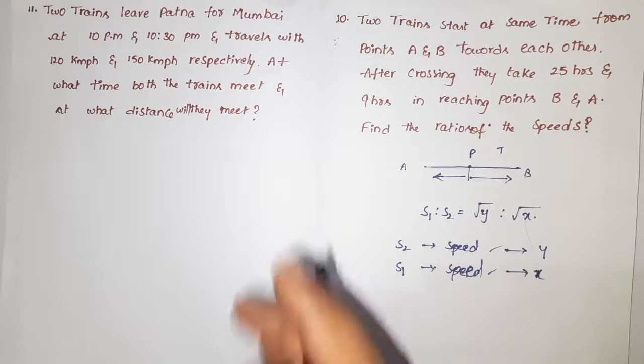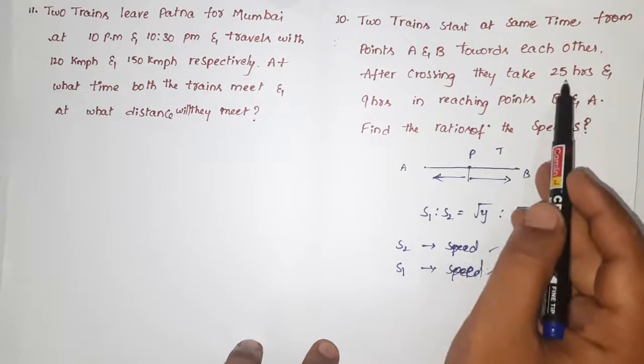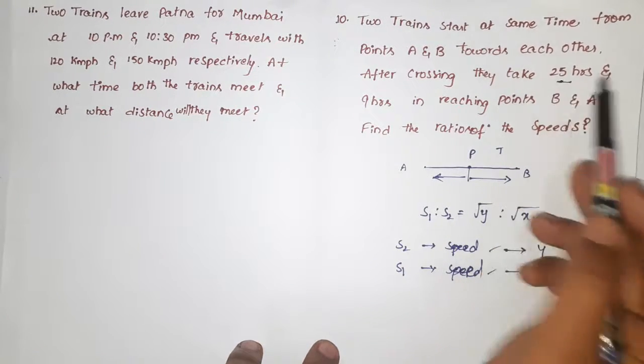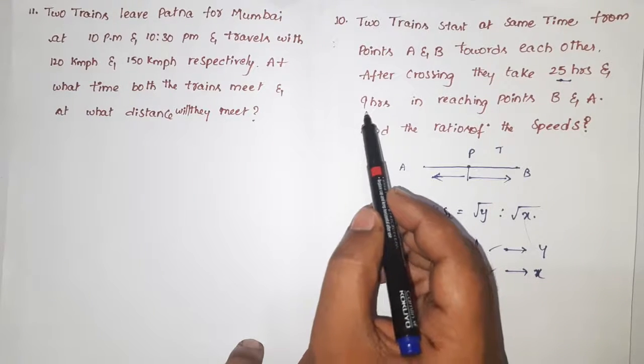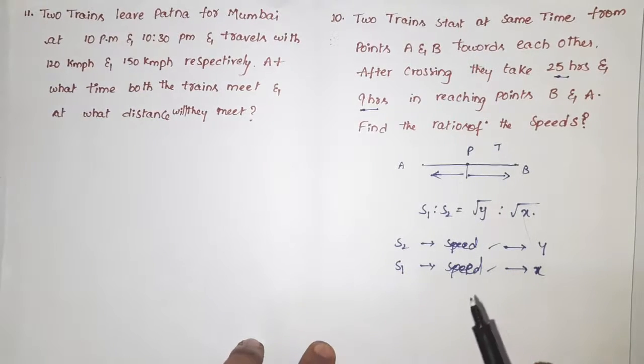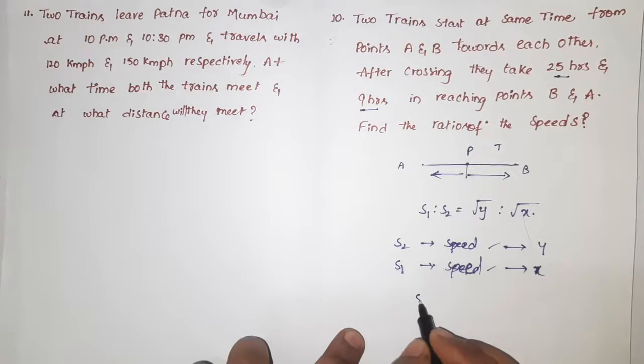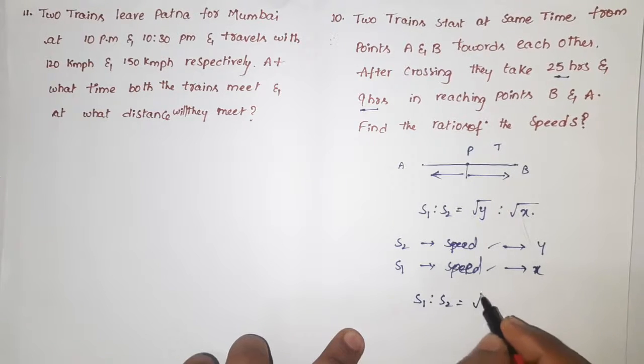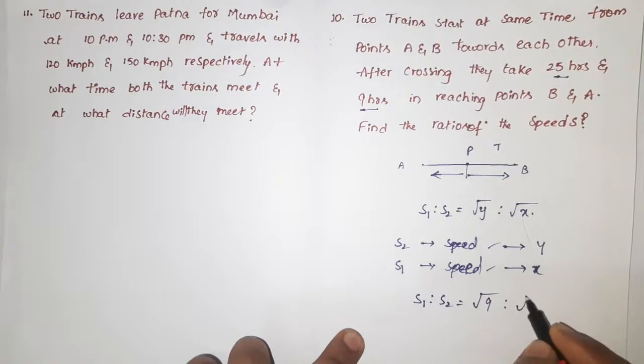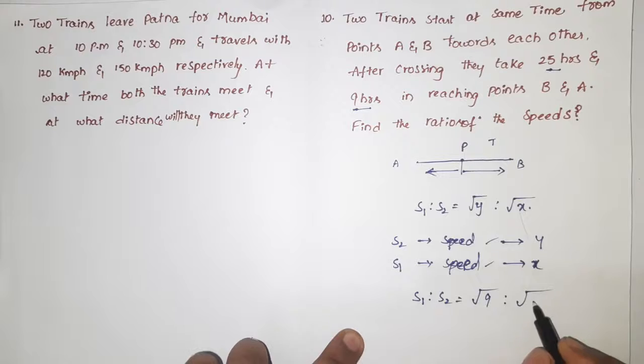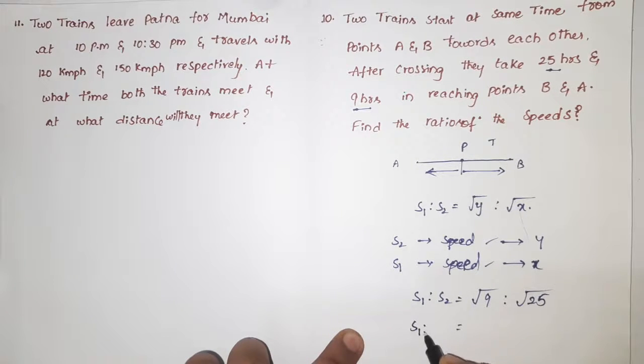So here train 1 takes 25 hours and train 2 takes 9 hours. So the ratio of their speeds is s1 is to s2 equal to square root of y, that is 9 hours, is to square root of x, that is 25. So the ratio of their speeds is 3 is to 5.